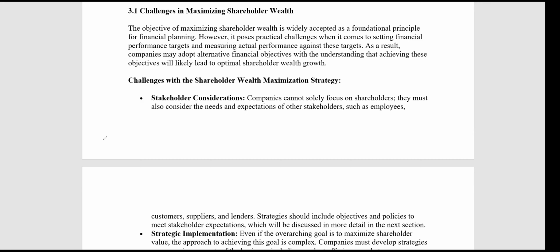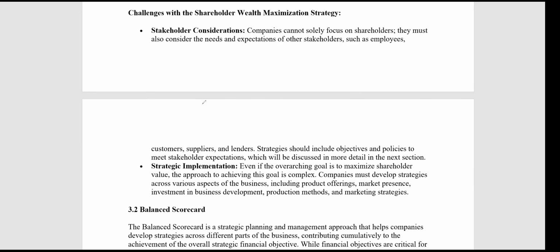So what are the challenges with shareholder maximization? One, we have stakeholder considerations. Companies cannot solely focus on shareholders. They must also consider the needs and expectations of other stakeholders like employees, customers, suppliers and lenders. So it makes it difficult to maximize shareholder wealth.